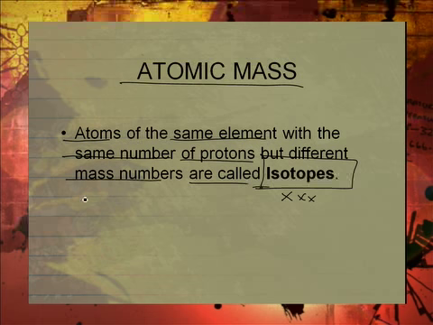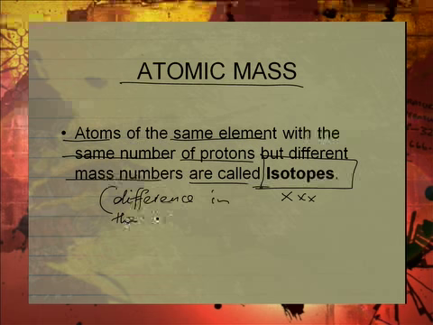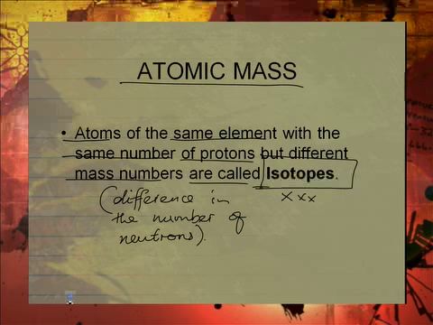Those are isotopes. What brings the difference in mass numbers is the difference in the number of neutrons.